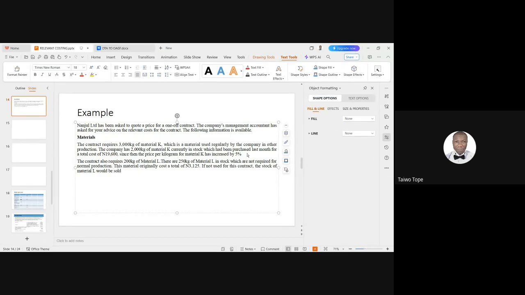Somebody should begin to see something. What are you seeing here now? It will be sold for 11 naira per kg.